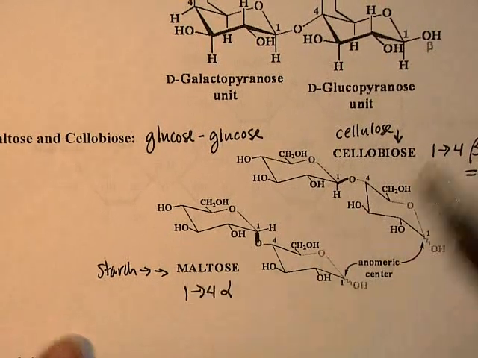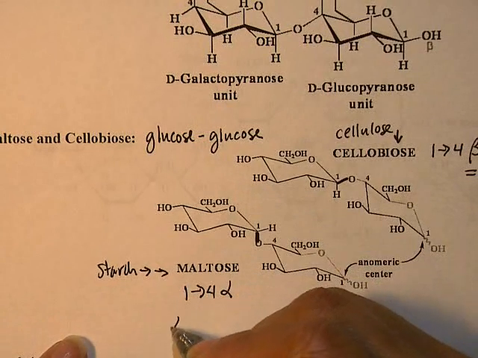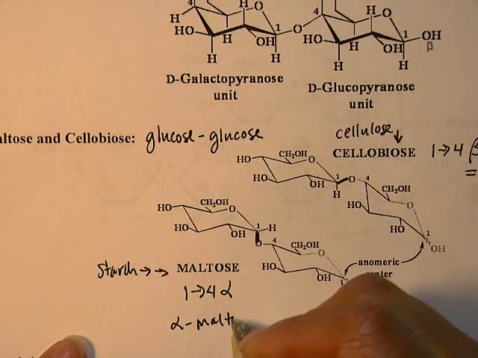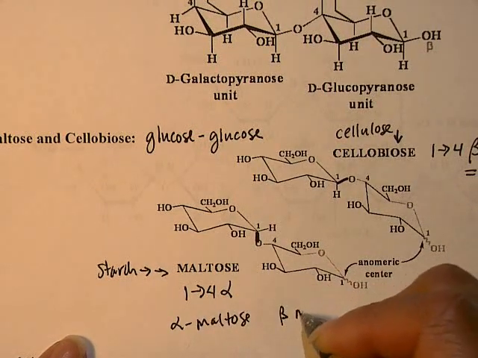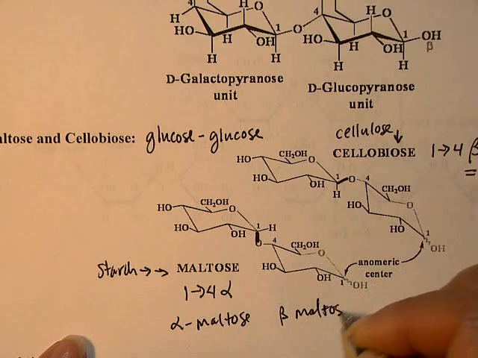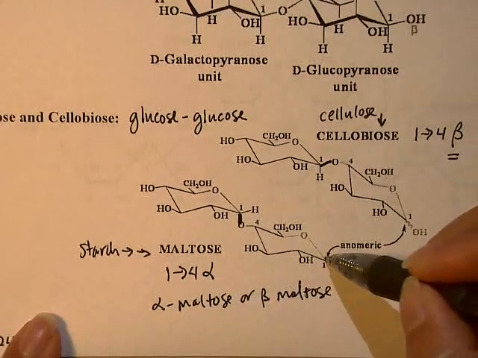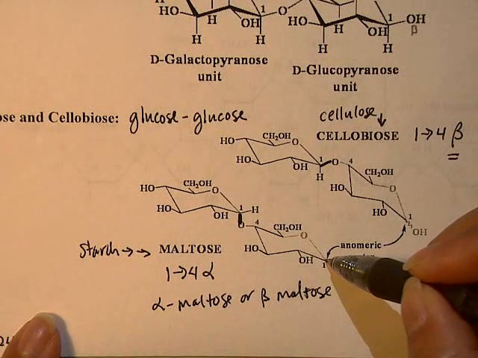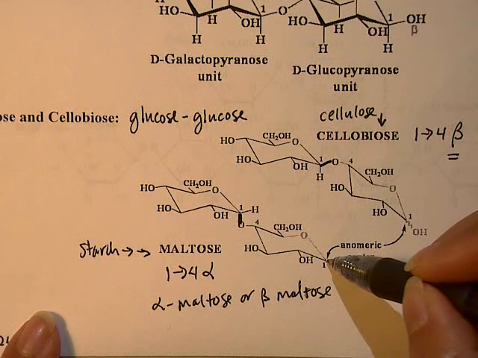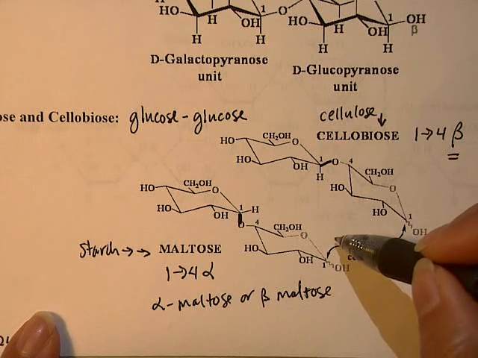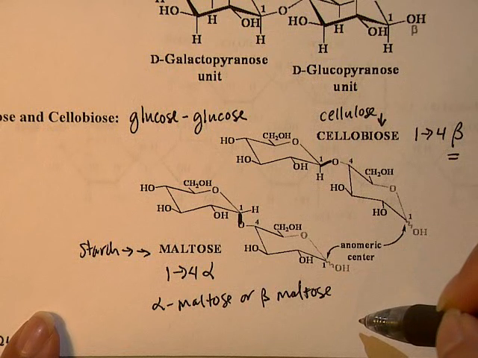But you could have an alpha maltose or a beta maltose, and that's referring to this anomeric carbon, which could be, that's why it's in a squiggly line, it could be up or down, right? So if it's down, it's going to be alpha maltose. If it's up, it's going to be beta maltose.